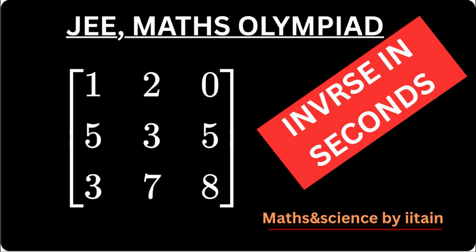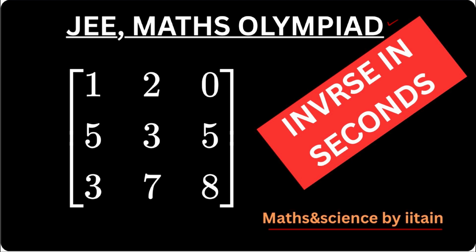Now, for determining the inverse of a matrix, there are three methods. One method involves finding the determinant, then the adjoint and cofactors, and finding the inverse. Another method is by finding the characteristic equation for the eigenvalues and, from the characteristic equation, finding the inverse.